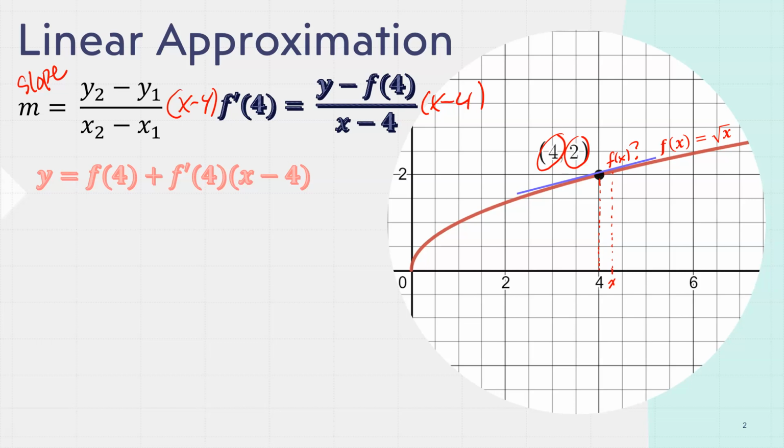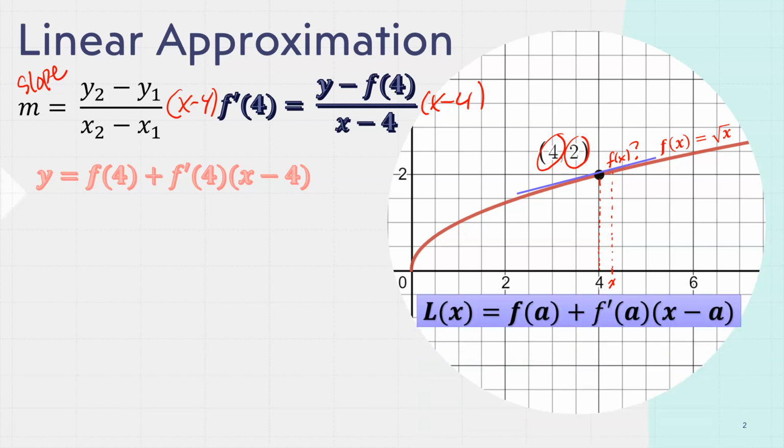We are talking about the function square root of x, so the derivative is 1 over 2 square root of x. Now we evaluate that at 4. So this is 1 over 4 times x minus 4, plus f of 4, which we know is 2.